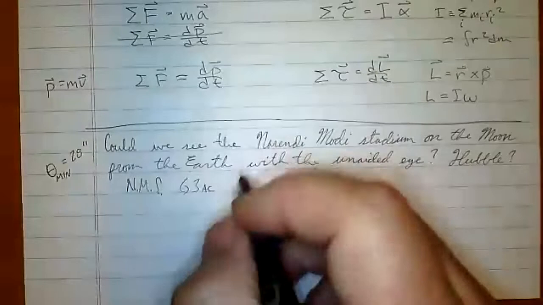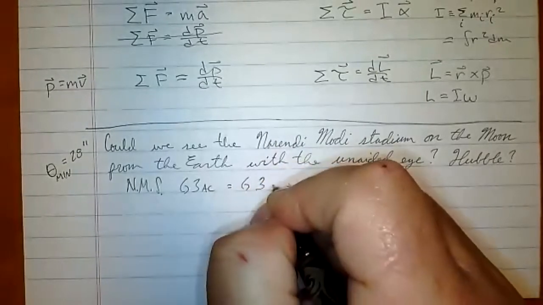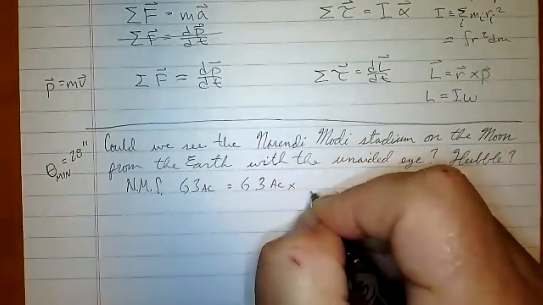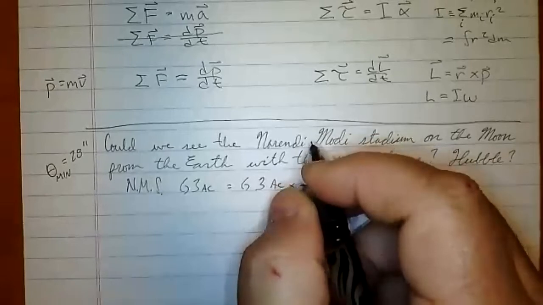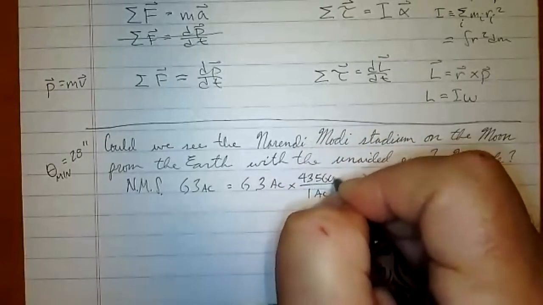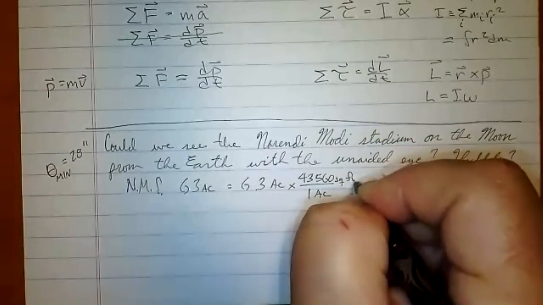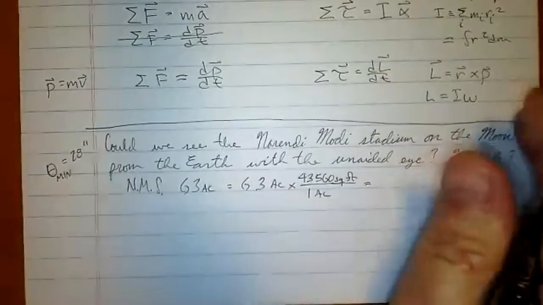So 63 acres means 63 acres times 1 acre. I happen to know off the top of my head, because I'm a weirdo, that 1 acre happens to be 43,560 square feet. That's from my life in civil engineering work.